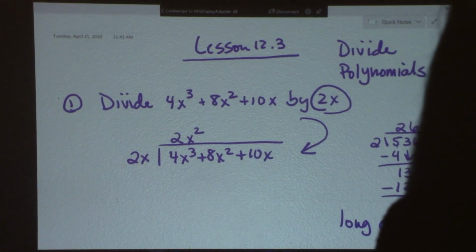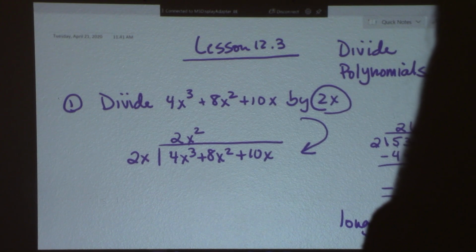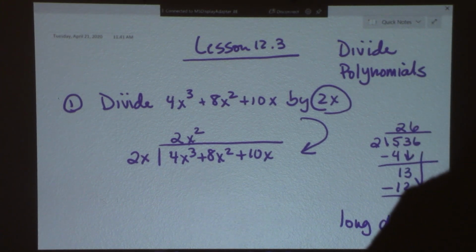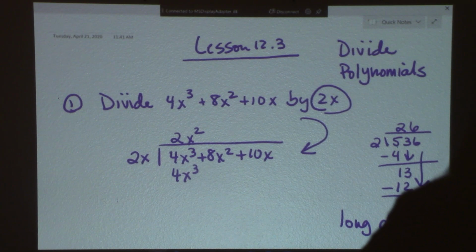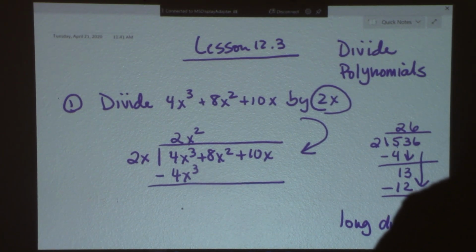So I'm doing that asking first. And now I'm actually going to multiply it and then subtract it. So 2x squared times 2x is 4x cubed, which is exactly what I wanted. I want it to all go away. And then I'm going to subtract. So that cancels, and the next thing I do is I bring down this term.